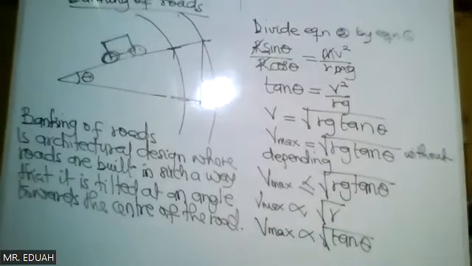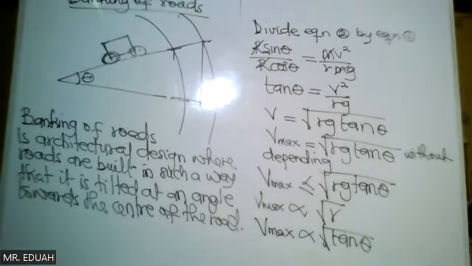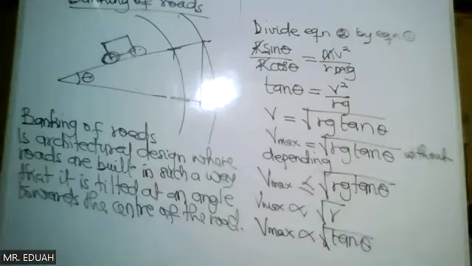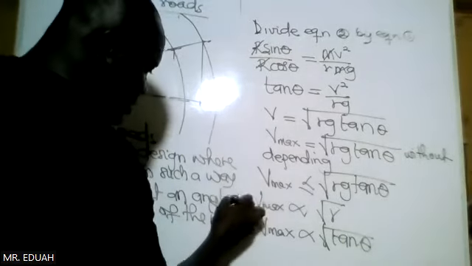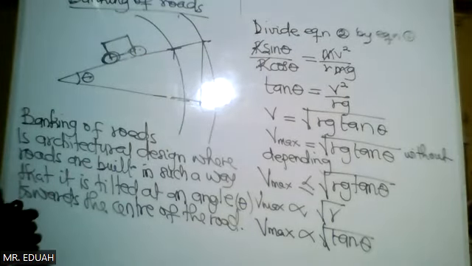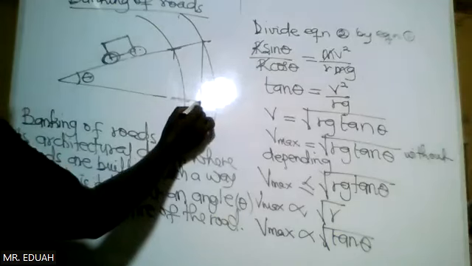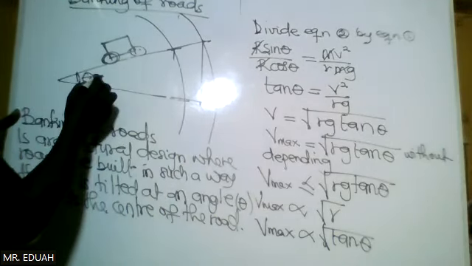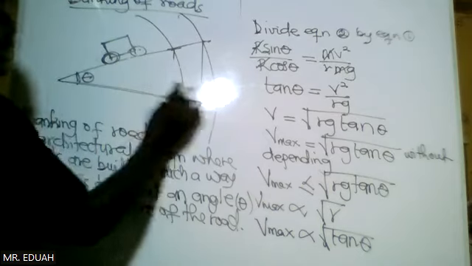So here, it is an architectural design where the road is built in such a way that it is tilted at an angle, theta, towards the center of the road. Or the outer end of the road is raised so that it makes an angle theta with the horizontal.